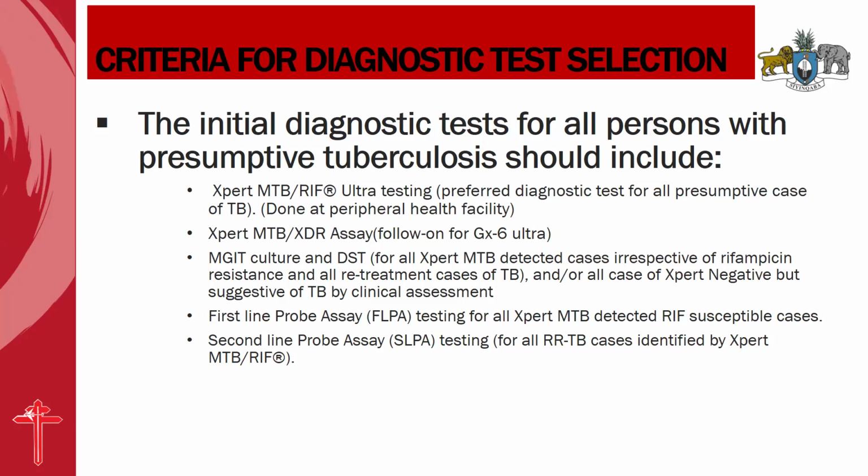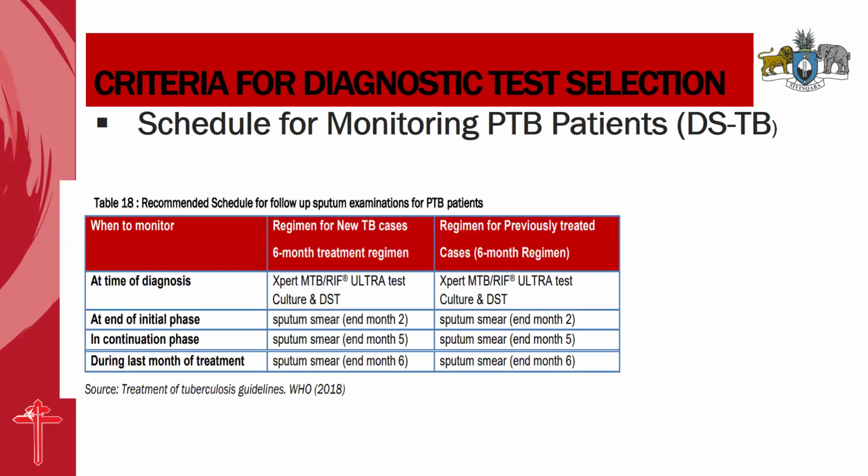In the next slide, to stress the importance of including the GeneXpert results: you can see here that if you miss the GeneXpert results in the examination request, this needs to be done. So it's always important to include the GeneXpert results in the examination request. This is the criteria for diagnostic test selection.